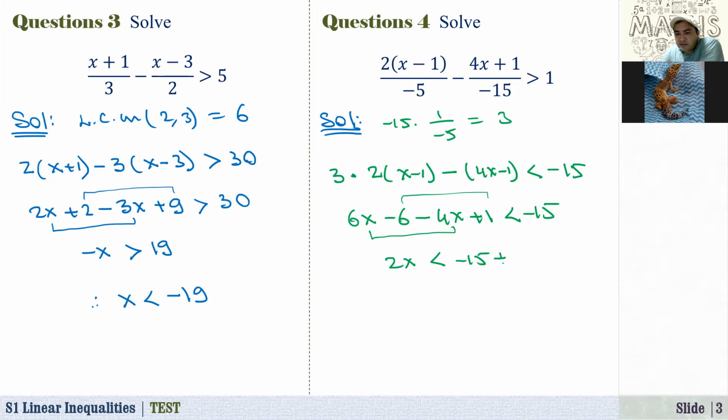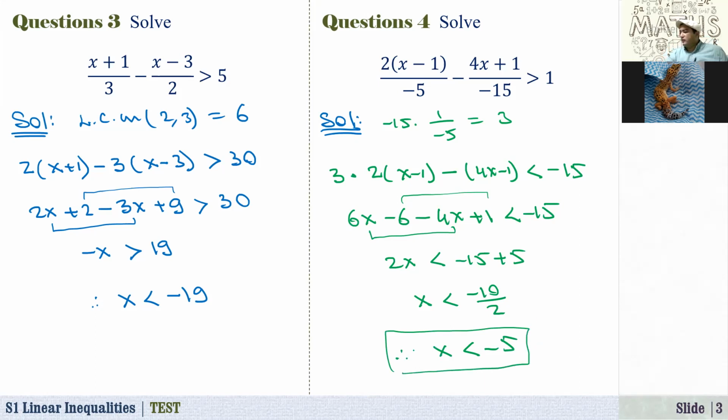Take it to the right hand side, it is plus 5, which is equal to negative 10. Now if you divide both sides by 2, negative 10 divided by 2 is negative 5. So the solution set is all the numbers less than negative 5. That is the solution set of this inequality.